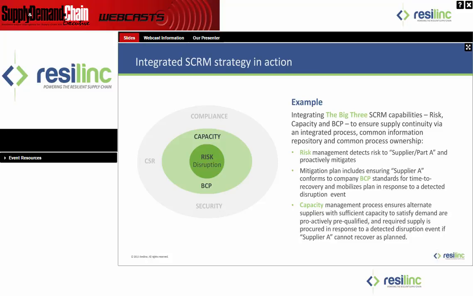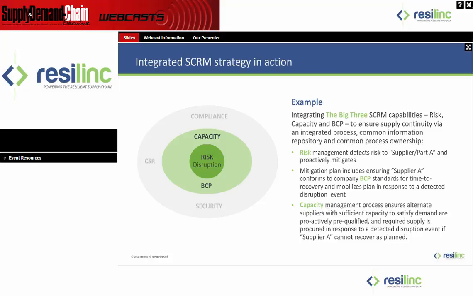It enables you to create a proactive risk mitigation strategy, that could include a number of different things. Some examples are qualifying alternate sources, not using parts from that supplier in new products, qualifying alternate sites from the same supplier, and so on.